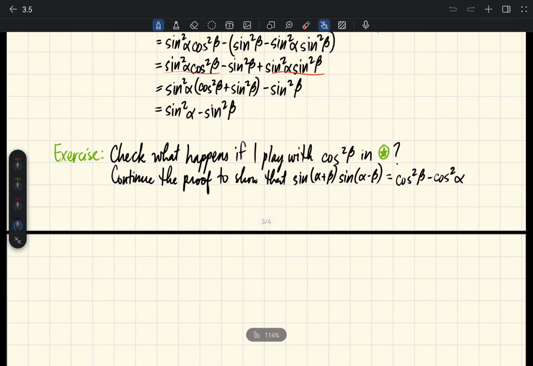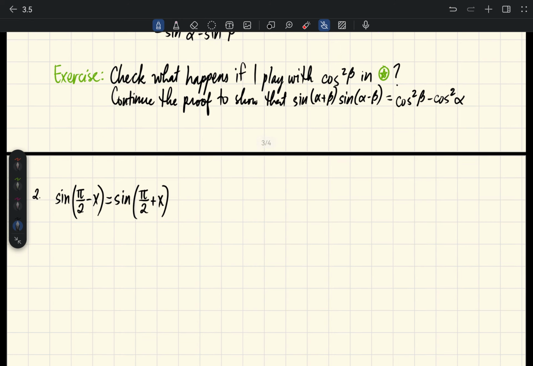For number 2, let's try and show that sine of pi over 2 minus x equals sine of pi over 2 plus x. As you can see right here, they're quite similar to each other. This one has pi over 2 minus x inside, and this one has pi over 2 plus x inside.